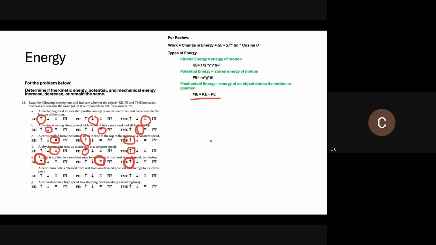For the first one, because a pendulum is released at rest and swings to its lowest point, I put that the kinetic energy was decreasing.